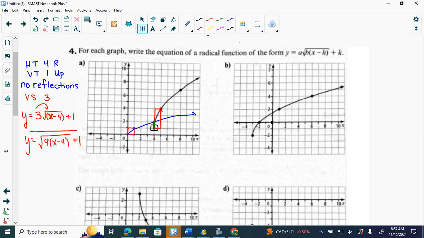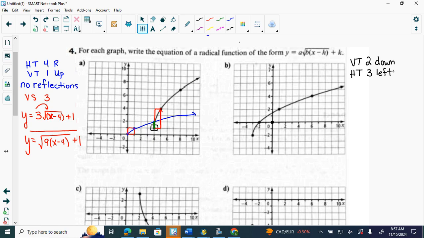It's now what? 2 down and 3 what? It's now 2 down and 3 what? 3 left. So we have a vertical translation, 2 down, and a horizontal translation, 3 left. We cannot use short form. We only can because it's not asking me for my transformations, right? So that's not a necessity.